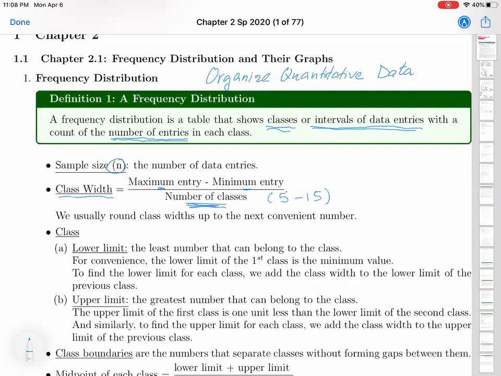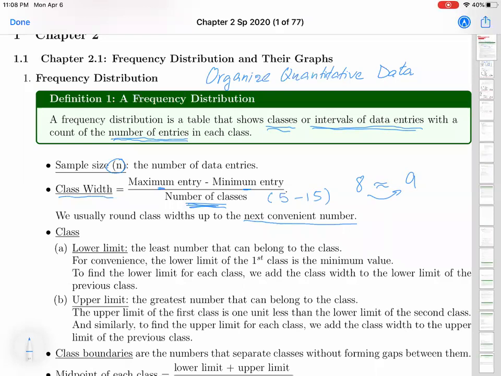Also, we usually round the class width up to the next convenient number. For example, if you calculate the class width equal to 8, then you have to round this class width up to 9, always round it to the next convenient number.